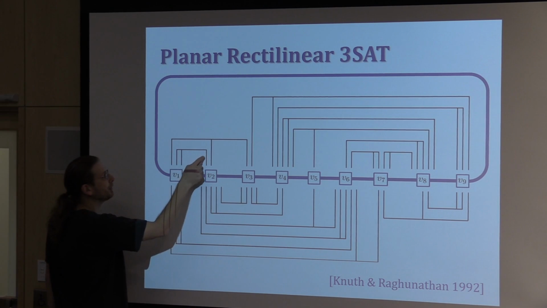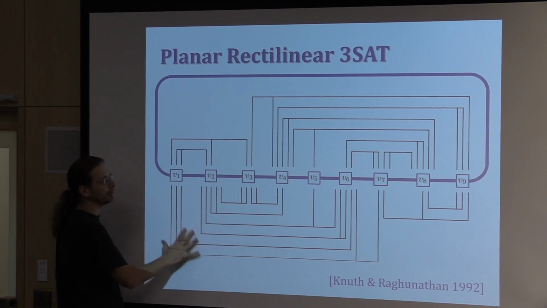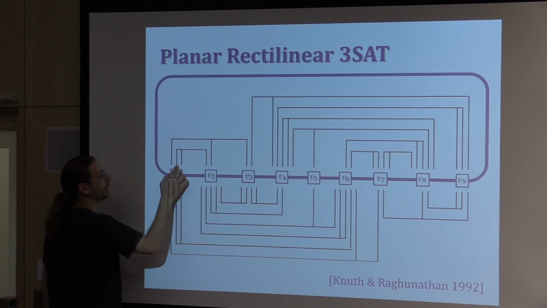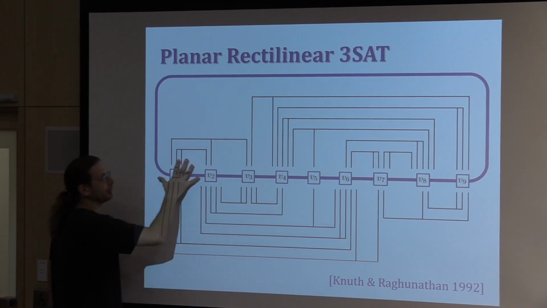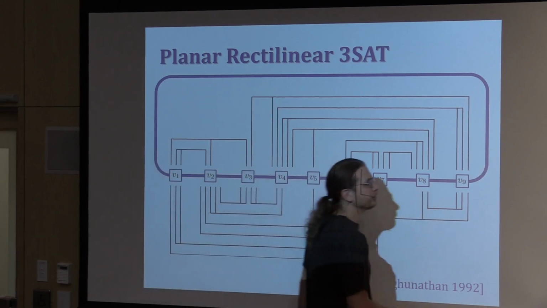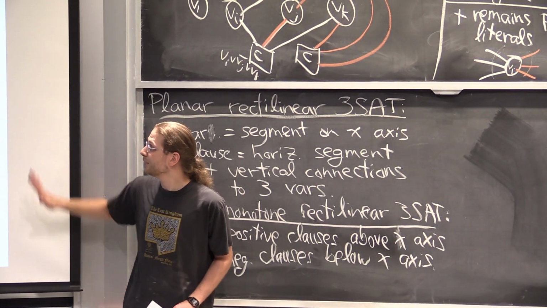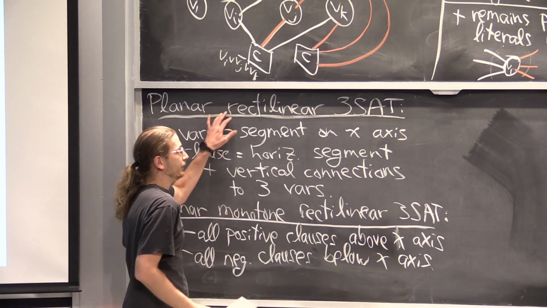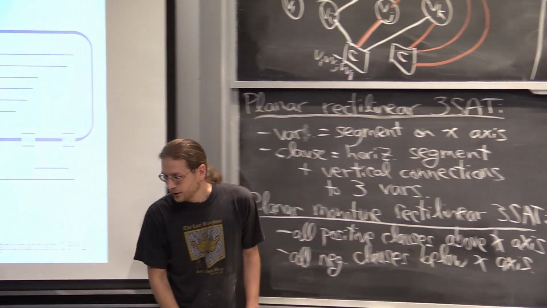Because if you think of a clause, it can either be in this pocket or outside of it, or down in this region. And so you can just figure out how big this thing needs to be and then make the next one a little bit bigger. And so you can represent the nesting in this nice orthogonal or rectilinear structure. Rectilinear just means horizontal and vertical lines. Cool? So that's planar rectilinear 3-SAT, first observed by Knuth and Raghunathan.